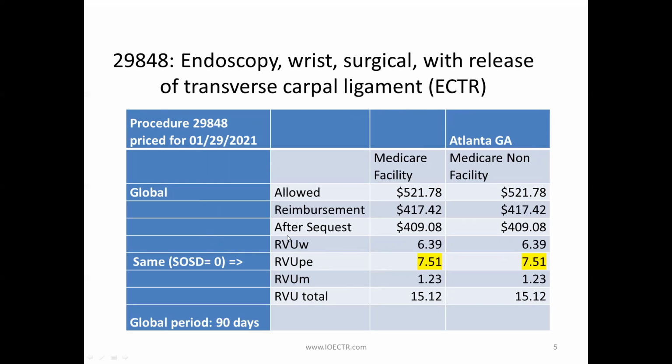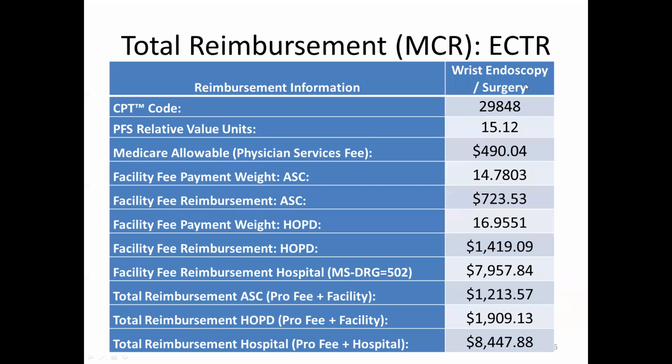The three components of total RVUs are the work, which is the same, the practice expense, notice here, those are the same, and that's our issue here. We would prefer that they not be the same when you have an office-based suite, and then the malpractice, or M here, this is your malpractice RVUs, and here's your total RVUs. So here again, since these are the same, SOSD equals zero.